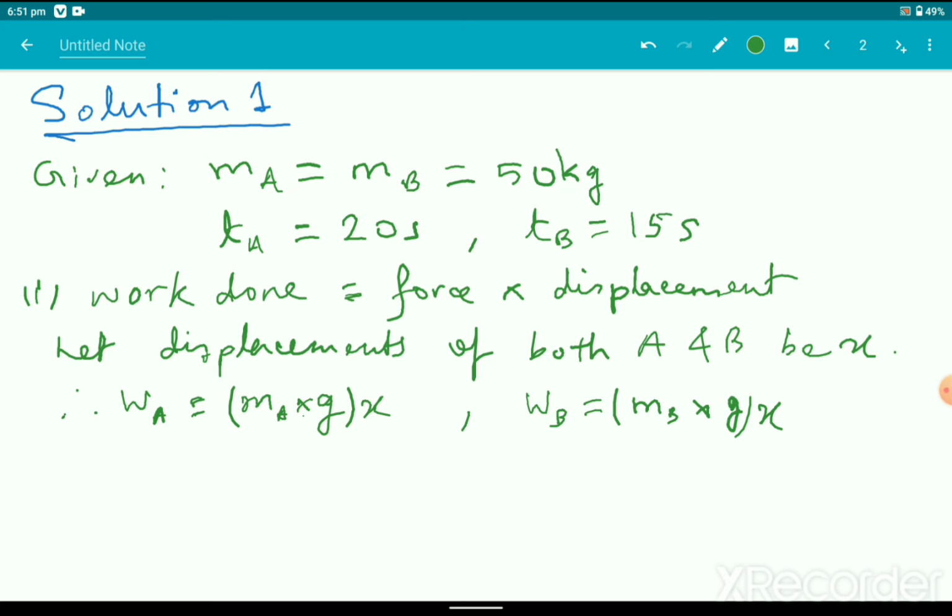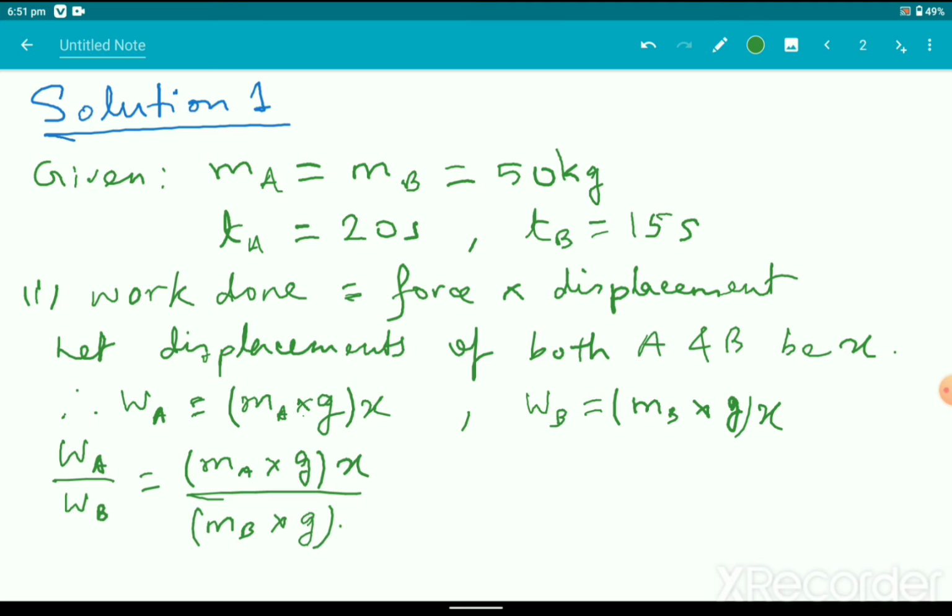Now if I compare the work done, so work done by A to work done by B will be equal to M_A into g into x by M_B into g into x.